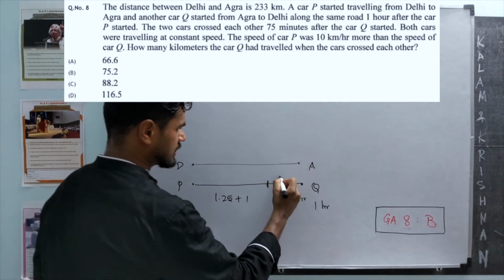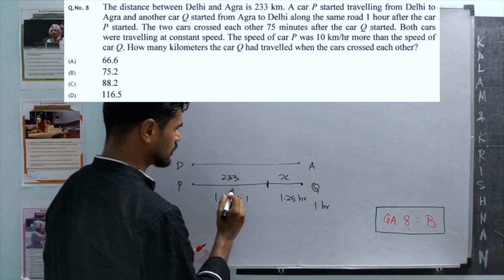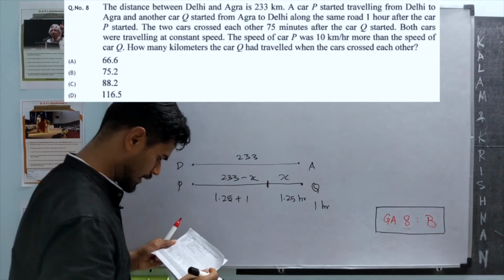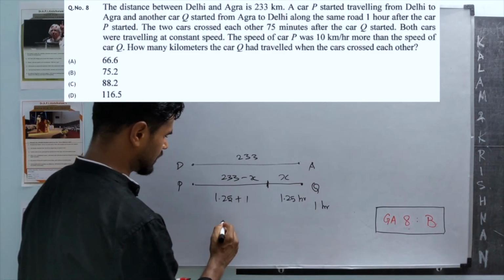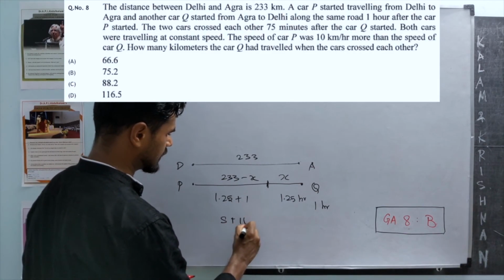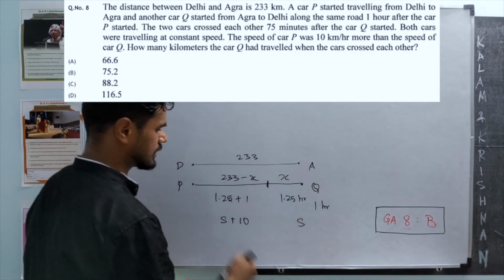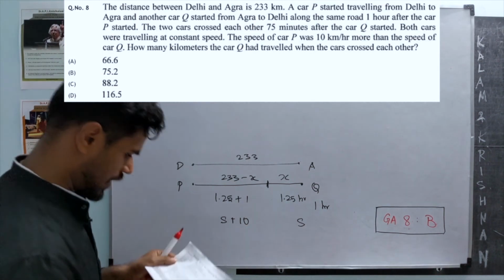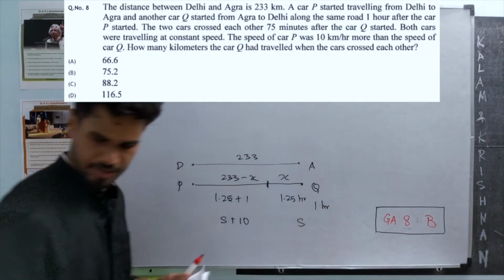And let's call this distance x and this distance 233 minus x, because the total is 233. And the speed at which car P travels is 10 higher than the speed of car Q, right? So if the speed of Q is S, this is S plus 10 here. Okay, we need to find x, right?